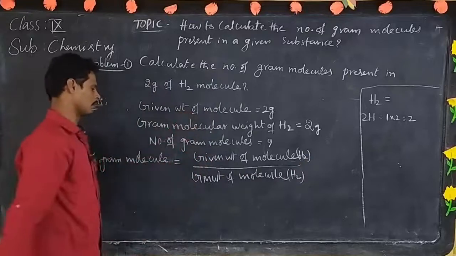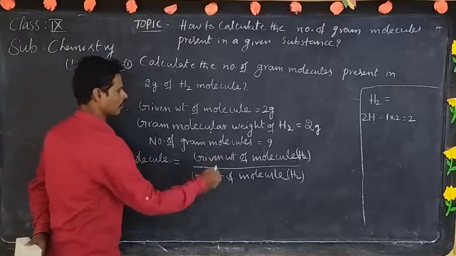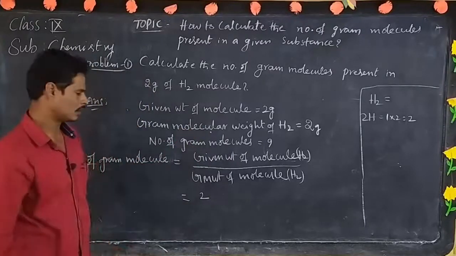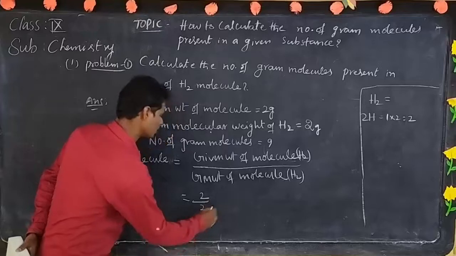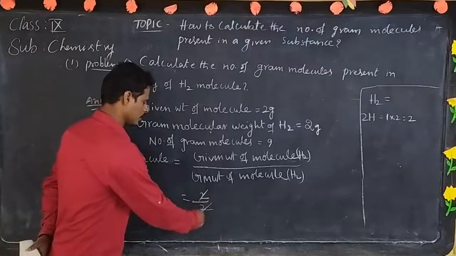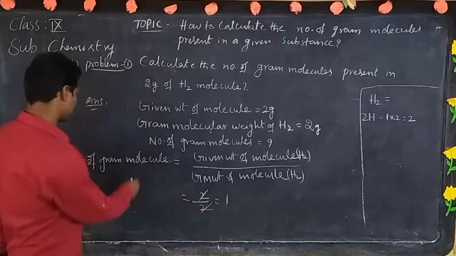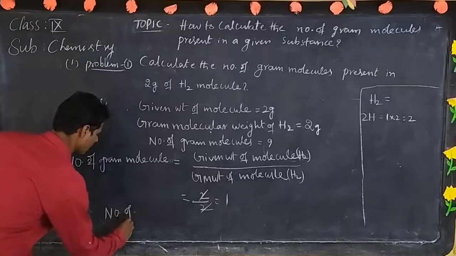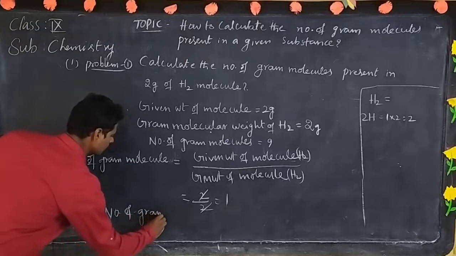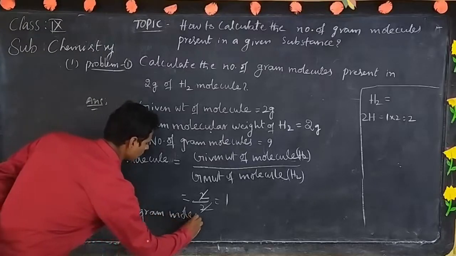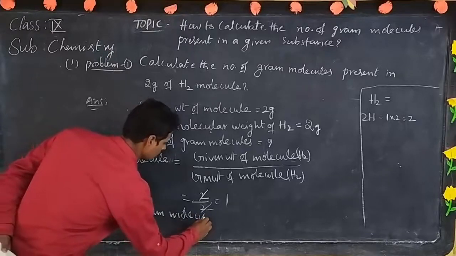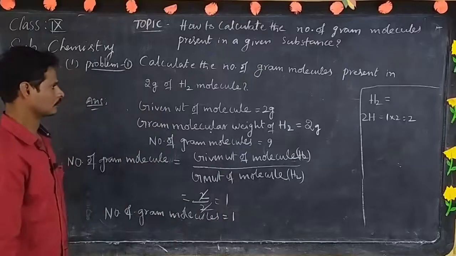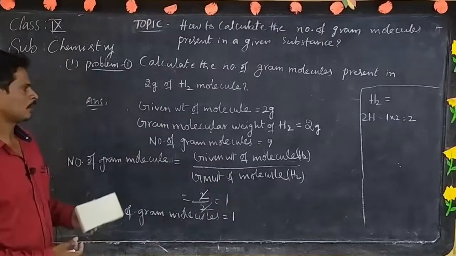This value we supply in the formula. We know that given weight of molecule equal to 2 grams. Gram molecular weight of H2 molecule equal to 2. So 2 by 2, number of gram molecules equal to 1. So then next problem, observe.